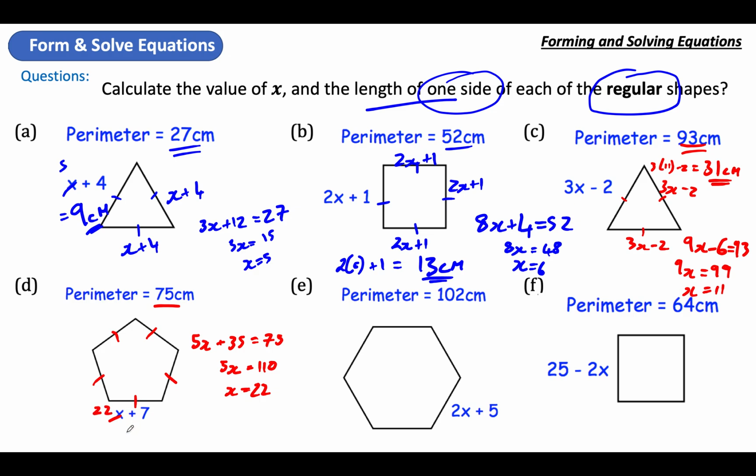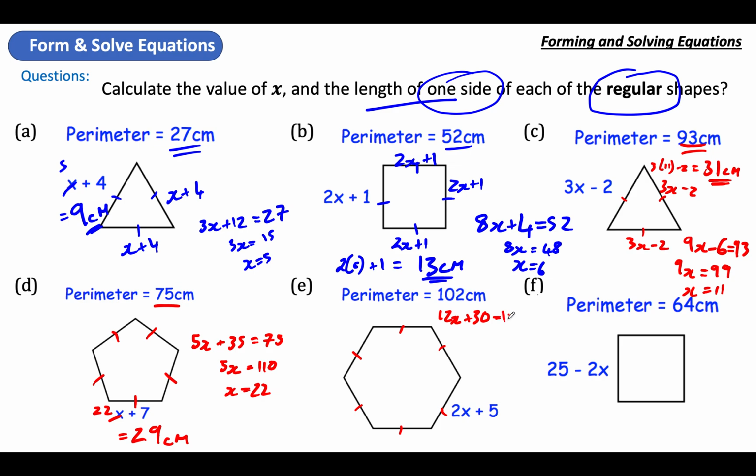But x is worth 22, which means one side must be worth 29 centimeters. You put it back into the expression. 1, 2, 3, 4, 5, 6 sides, all of which are 2x plus 5. So 6 lots of 2x plus 5 is 12x plus 30.